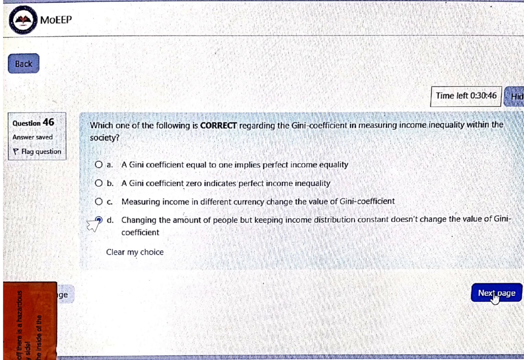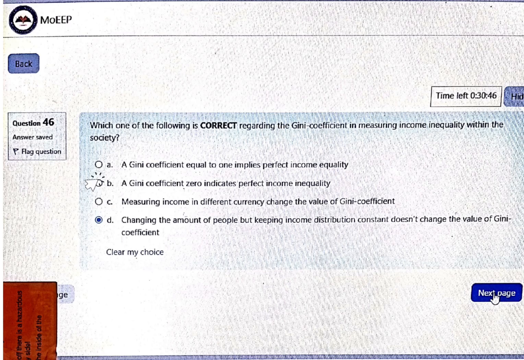So, why are the other options incorrect? A, for example, a Gini coefficient equal to 1 implies perfect income equality. This is wrong because Gini coefficient 1 means perfect inequality, not equality. B also, Gini coefficient 0 indicates perfect income inequality. This is wrong because Gini equal to 0 means perfect equality.